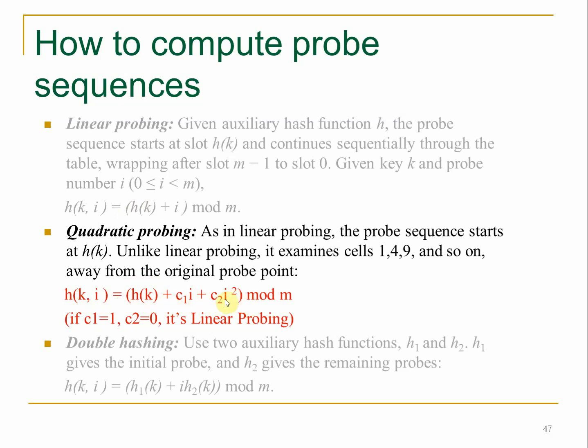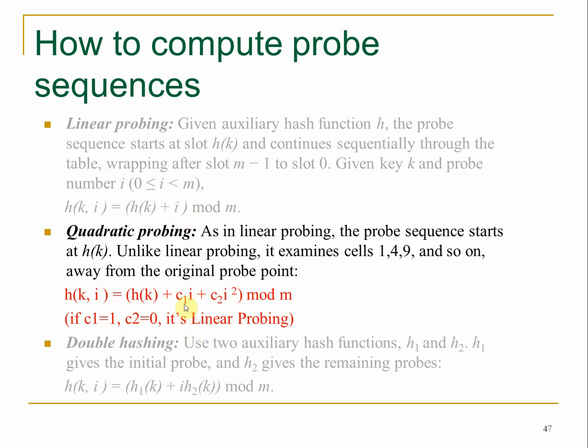It's basically very similar to linear probing, but a little bit more complicated. However, if we put C1 equals to 1 and C2 equals to 0, then 0 multiplied by i squared will always give 0, indicating that you don't need to care about the i squared part. Then it's basically the same thing as linear probing.